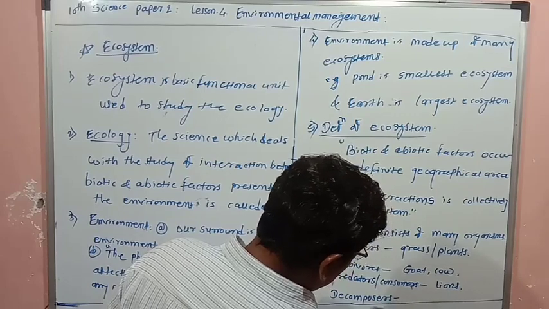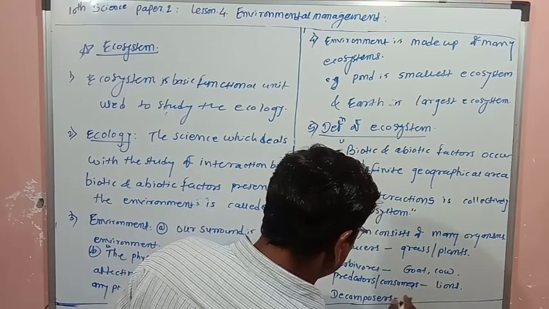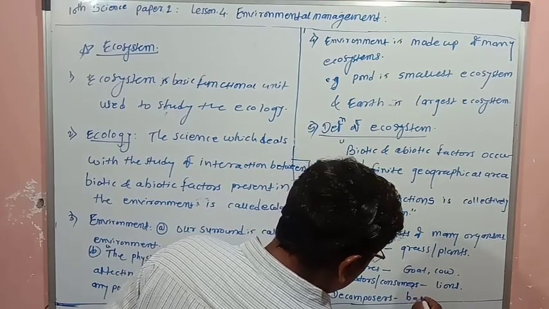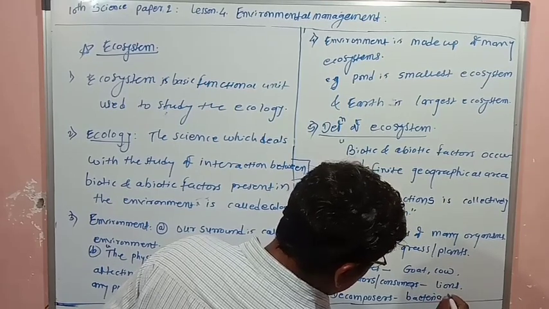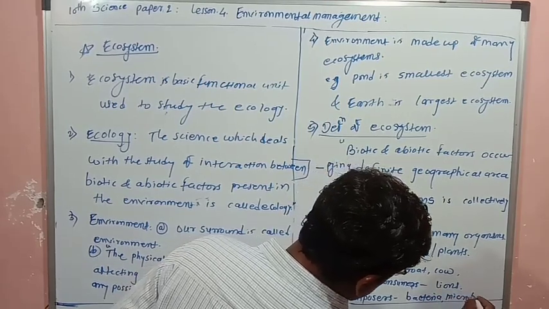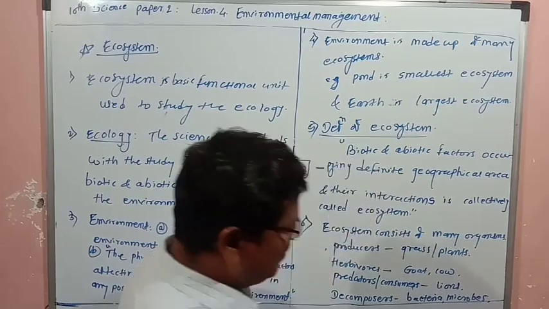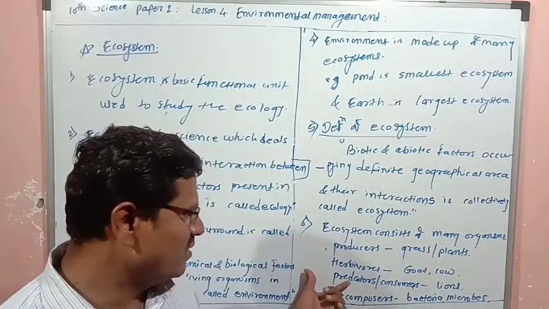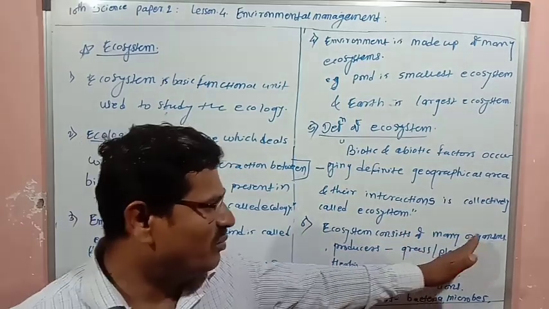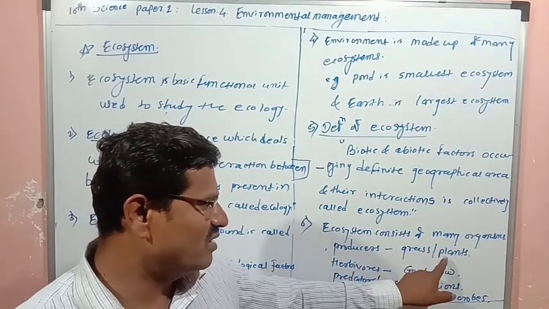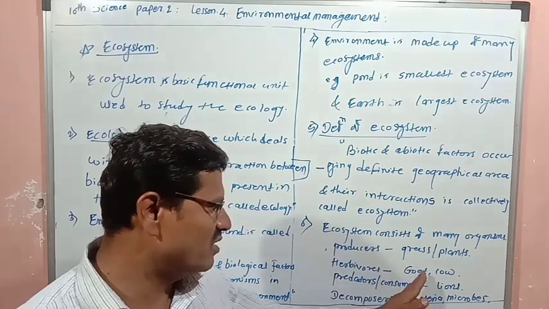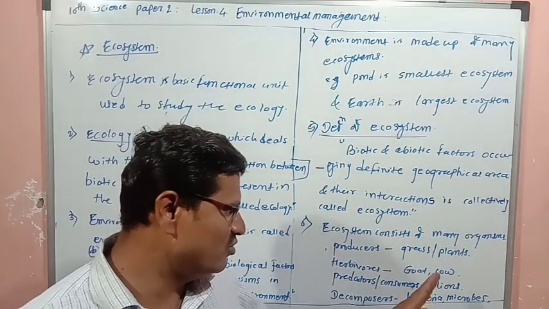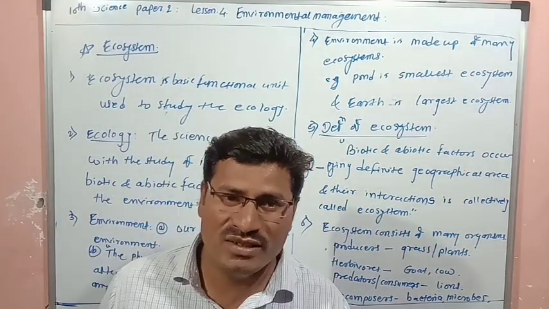In that decomposers, bacteria are there, microbes are there. So an ecosystem consists of many organisms. In that producers are there, grass, plants, herbivores are there, predators, in that consumers are there. And predators are important.